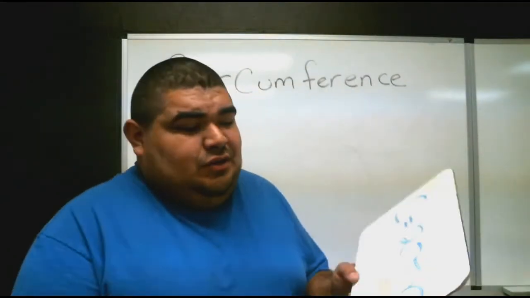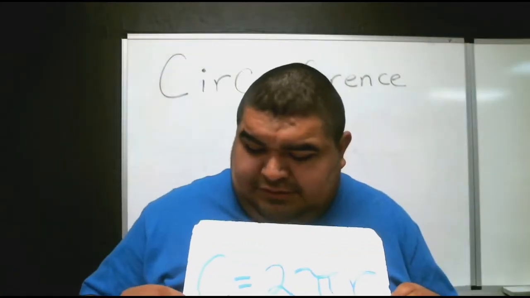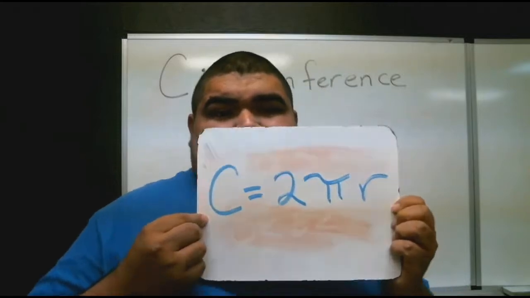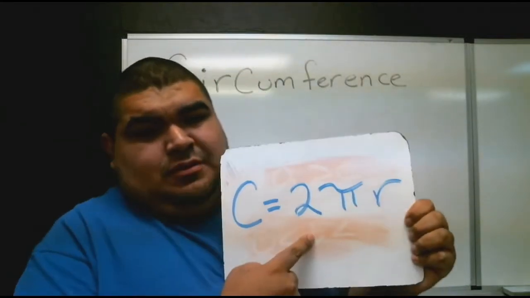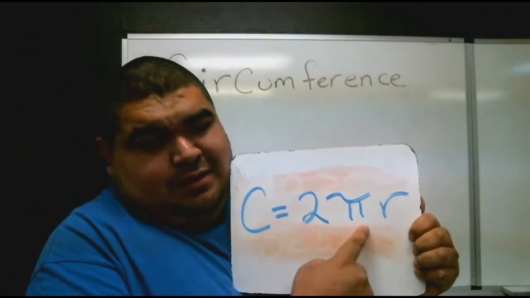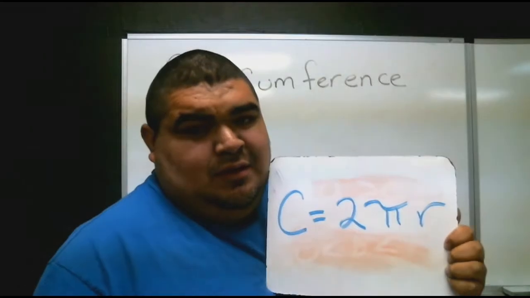The first equation is circumference equals 2 pi times radius, okay? 2 times pi times radius.